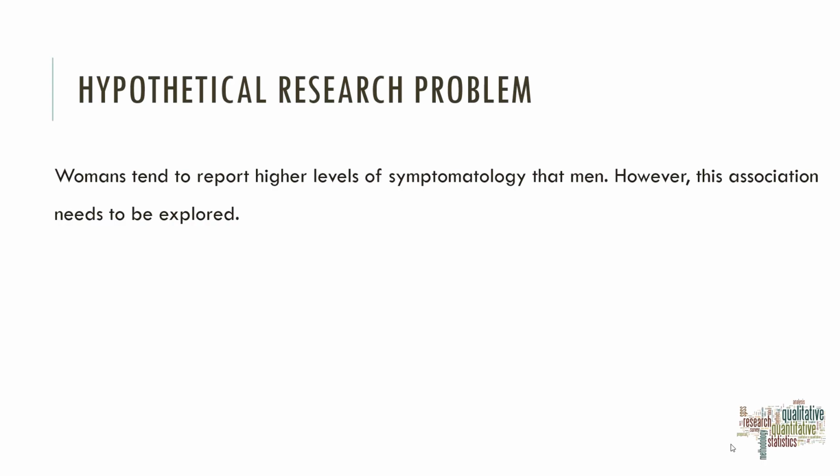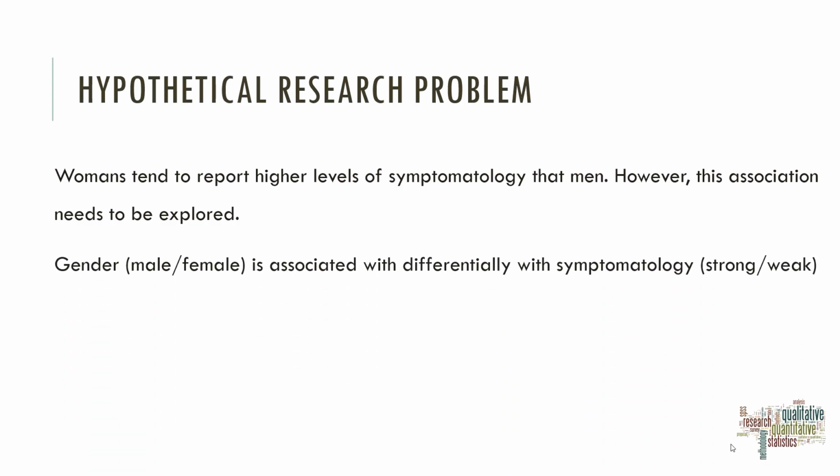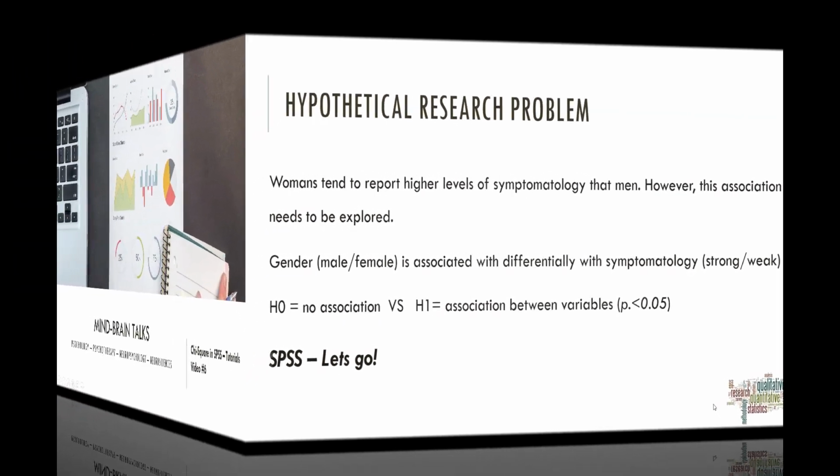So, gender is associated differentially with symptomatology. We have 2 levels for each variable, gender male-female and symptomatology strong-weak, okay? Our null hypothesis is that we don't have any association, and our H1 hypothesis is that we find some association between variables. Let's go to SPSS to see how to perform this analysis.